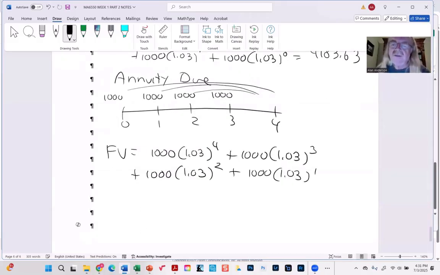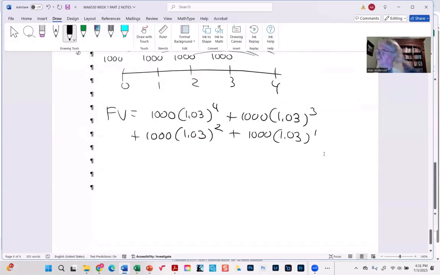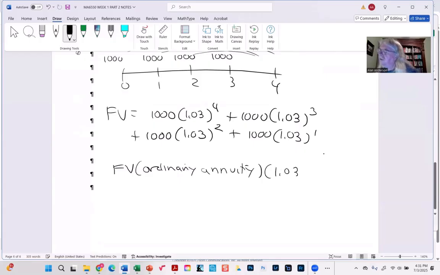So in other words, what you're basically doing is taking this result up here and multiplying each term by 1.03, because all the exponents are higher by 1. So that means the future value of an ordinary annuity, when multiplied by 1 plus the rate of interest, gives us the future value of an annuity due.